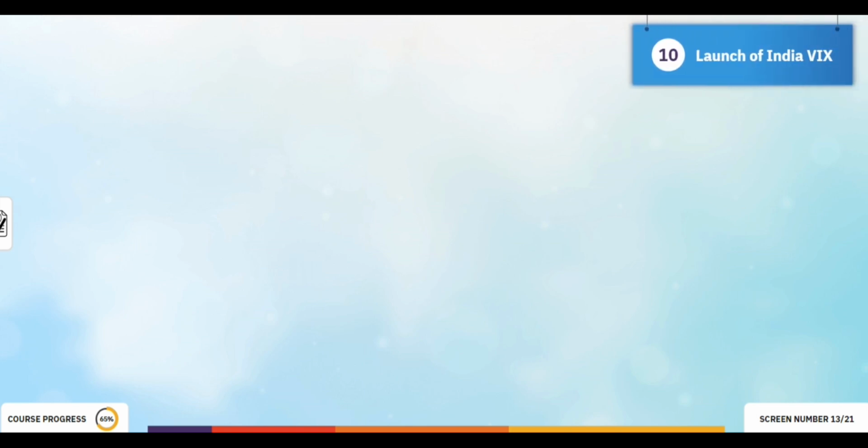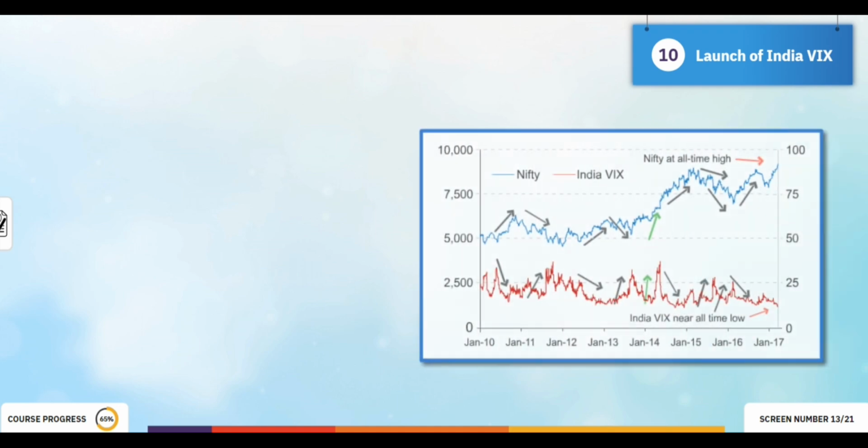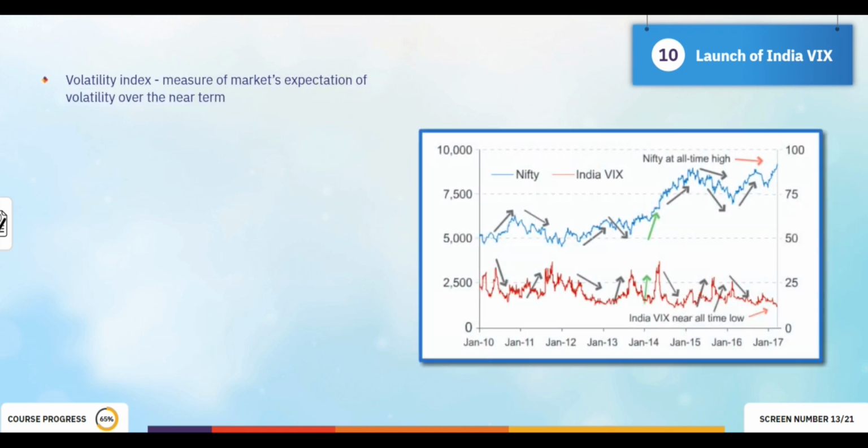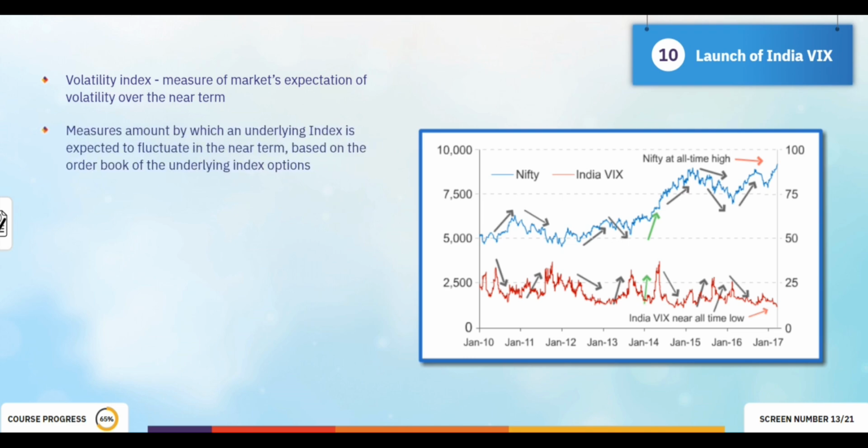Principal Reform Measure 10 is launch of India VIX. Volatility Index is a measure of market's expectation of volatility over the near term. It measures the amount by which an underlying index is expected to fluctuate in the near term based on the order book of the underlying index options.